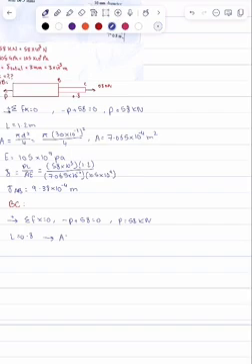A equal pi D power 2 over 4. So A equal 0.785 D2.